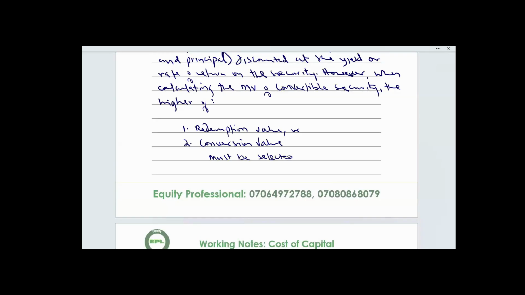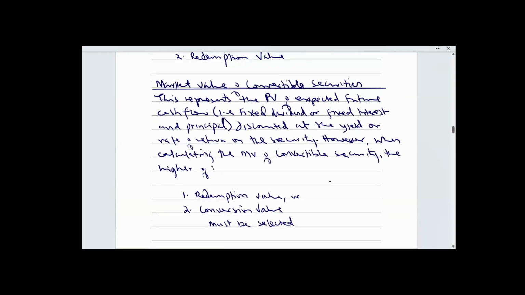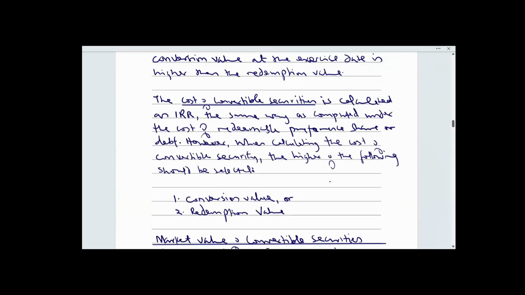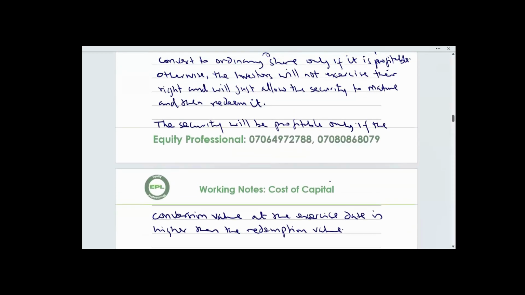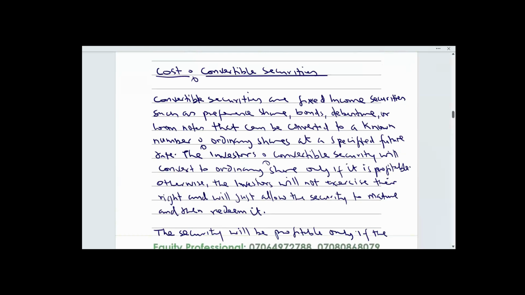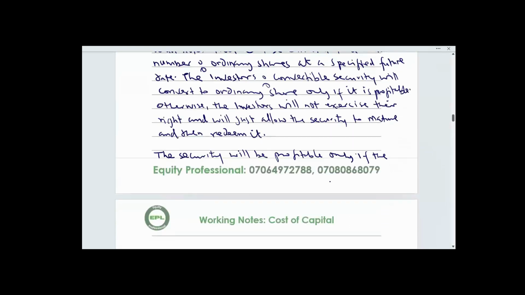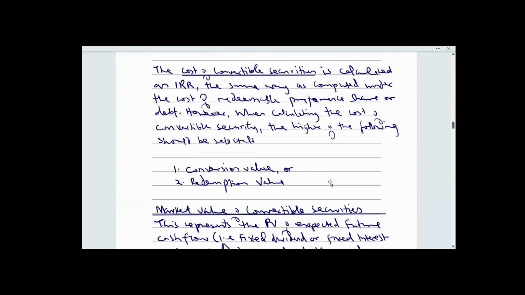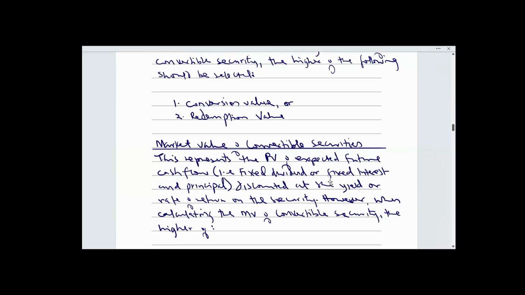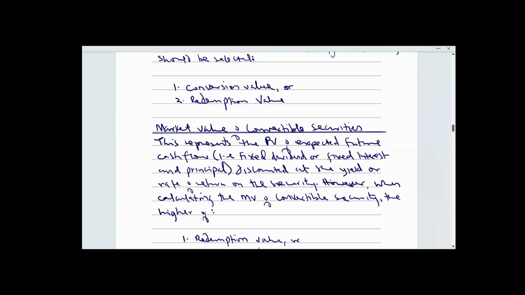That's all you need to do. These are just the things you need to know under the convertible security. It's pretty straightforward, nothing strange. It's just the same thing as redemption, as we are calculating the redeemable debt or redeemable preference share.